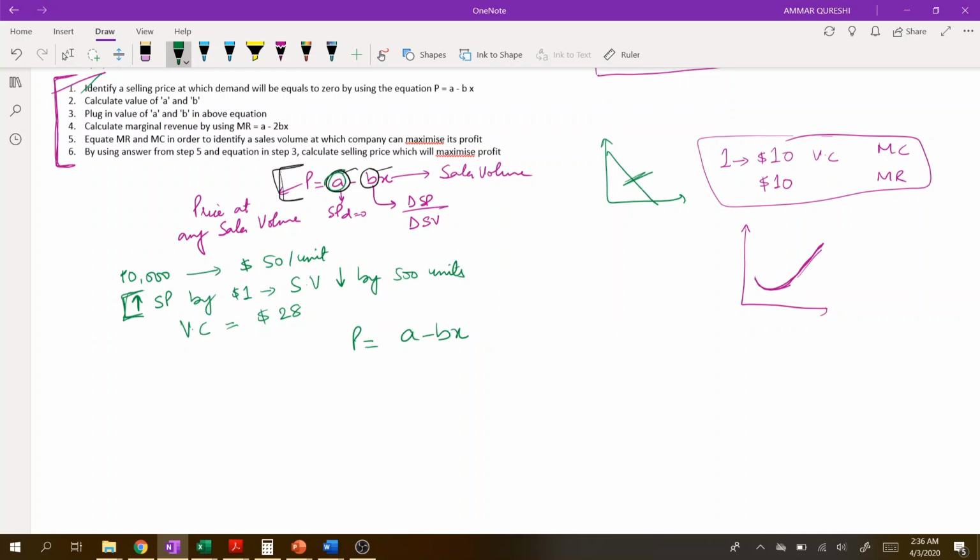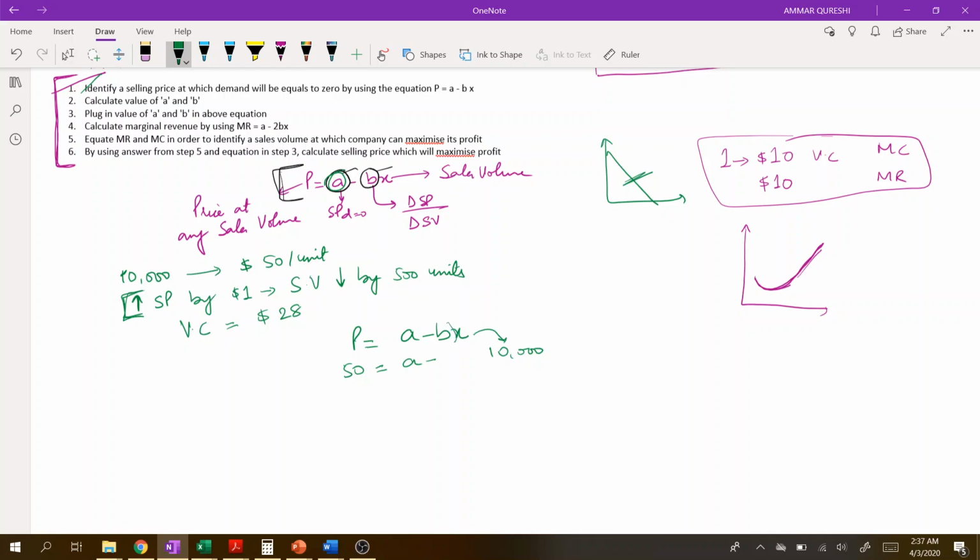Now, P is equal to A minus BX, where for this equation, the company is reasonably sure that if the selling price is 50, then the company can sell 10,000 units of the product, right? This is basically X. And what will be the value of B in this case?